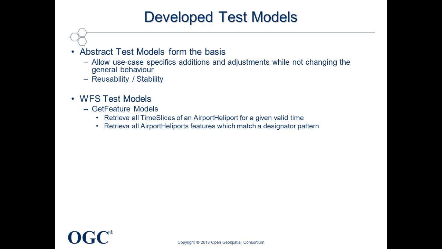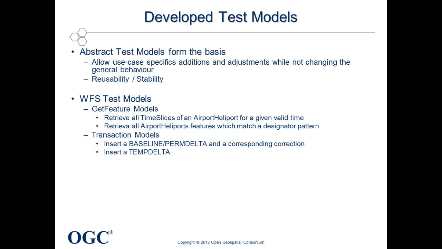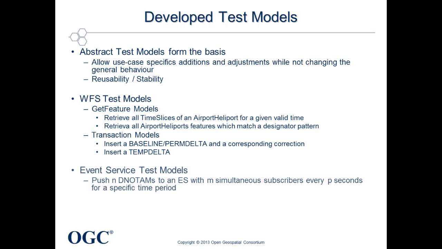WFS GetFeature models with realizations to retrieve all time slices of an airport heliport for a given valid time and retrieve all airport heliport features which match a designated pattern. WFS Transactional Models with realizations to insert a baseline perm delta and a corresponding correction and insertion of a temp delta time slice. Event service test models for endurance and performance testing with individual service setups like varying number of subscribers and denotem messages.